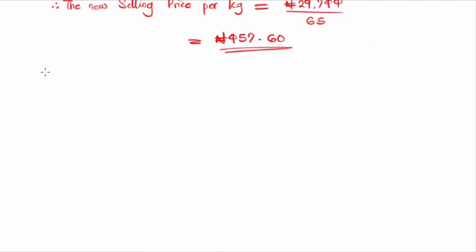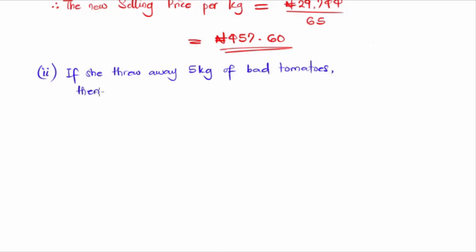Now we are seeing that initially we got the selling price for the initial half of 130 kilogram that she sold. Now we also have the selling price for the other half that was getting bad, but she had thrown away 5 kilogram of bad tomatoes out of 130 kilograms of tomatoes. So that means if she threw away 5 kilograms of the bad tomatoes, then the quantity of bad tomatoes that was left will now be 60 kilograms.